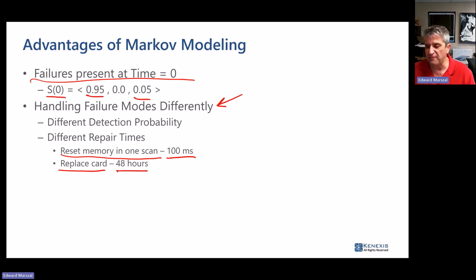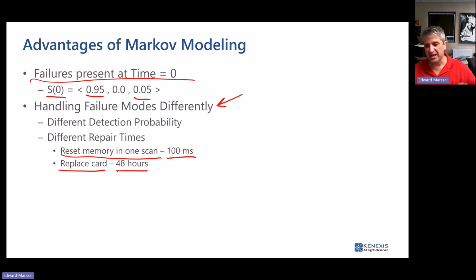So these different failure modes have different detectability. Maybe it's 100% detectable, maybe it's only a 50-50 shot that my diagnostic will be able to detect that that failure mode is present. And for that particular failure mode, maybe I can repair it in 100 milliseconds, maybe I can repair it in 48 hours.